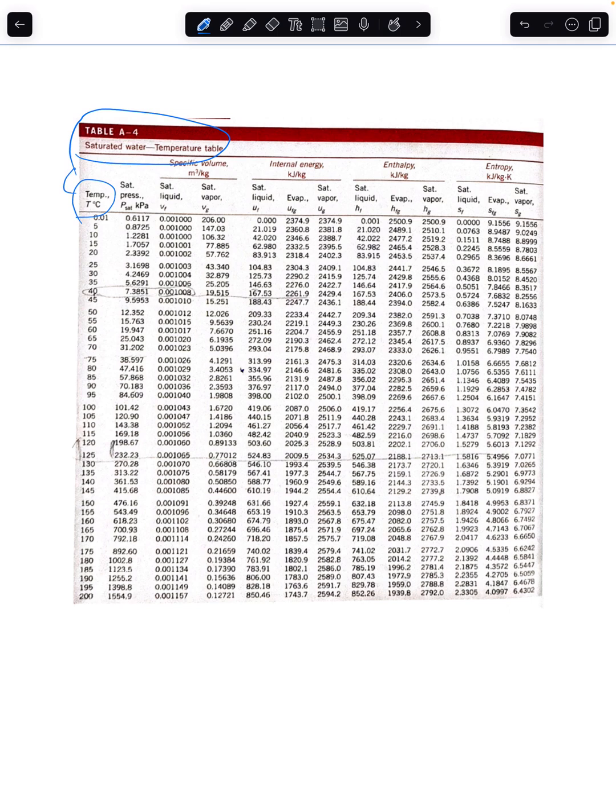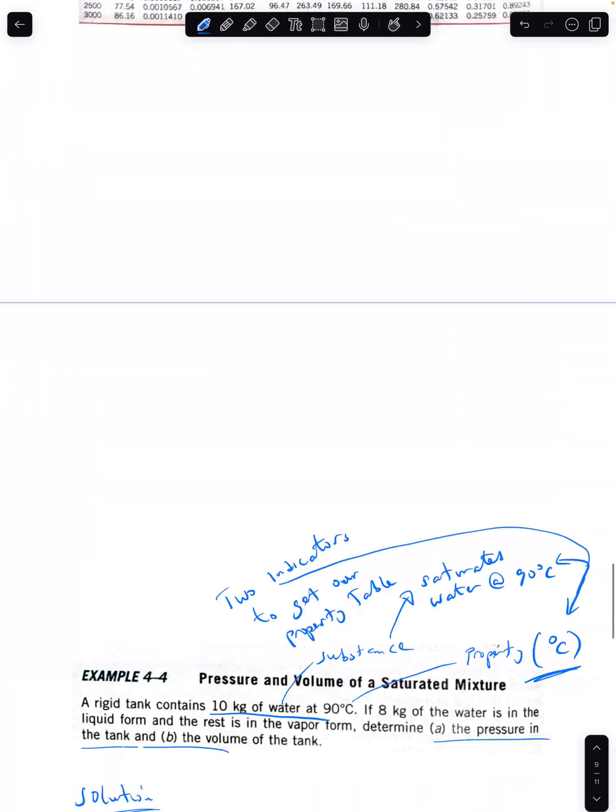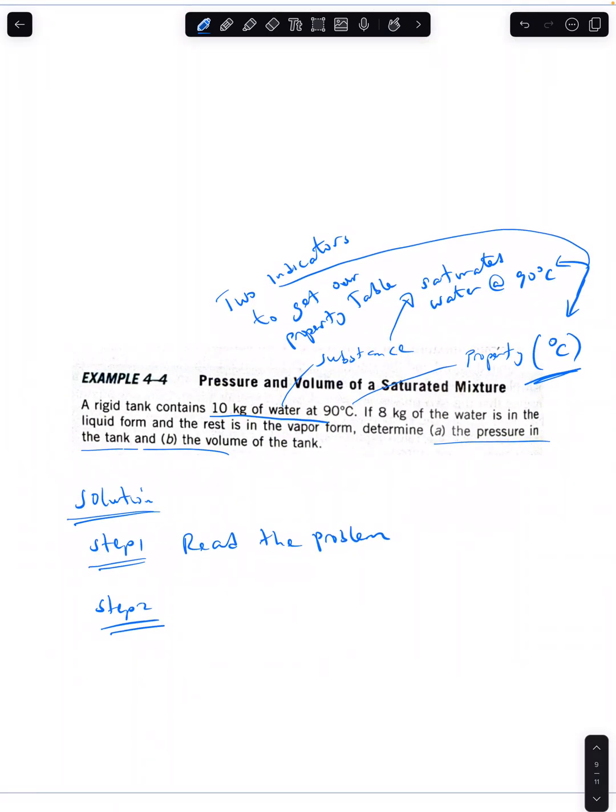So therefore, this is the correct property table. And in this property table, let me look at the question. The question says saturated water at 90 degrees Celsius.